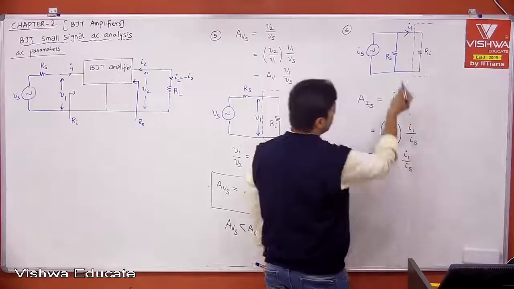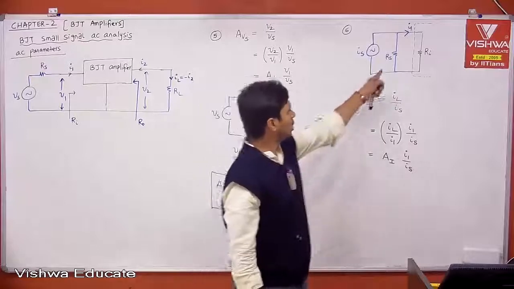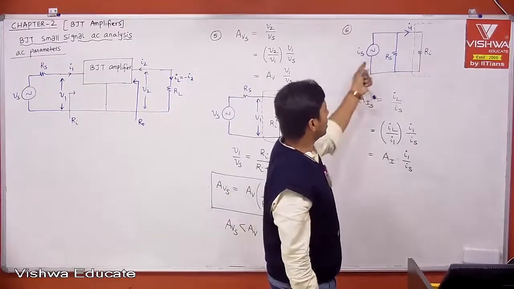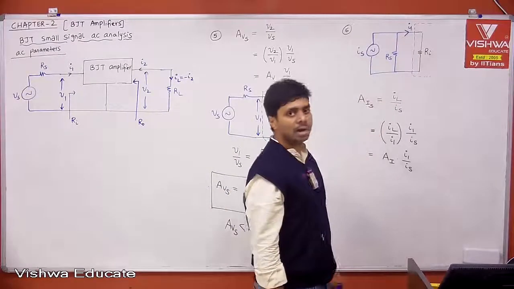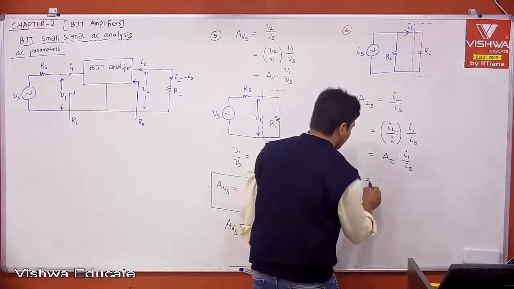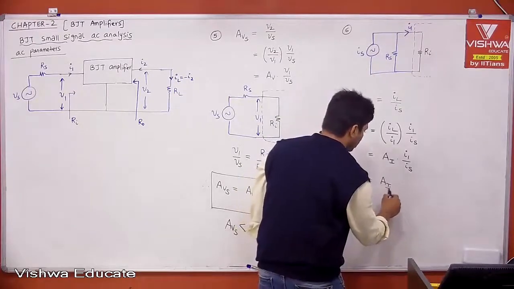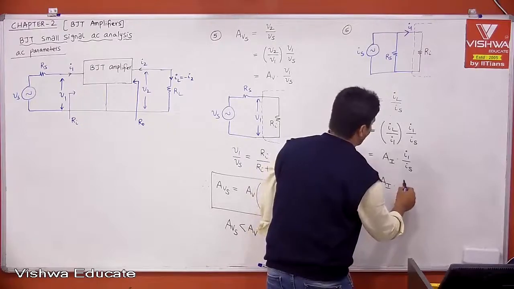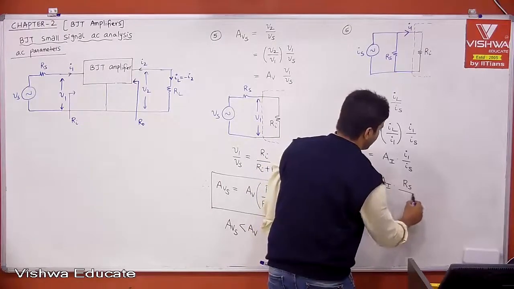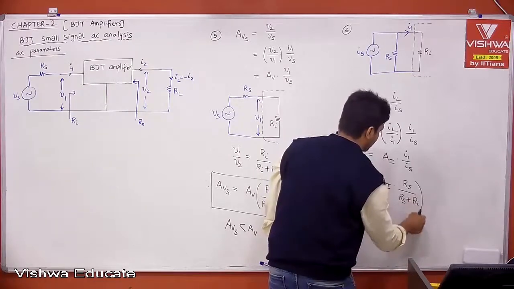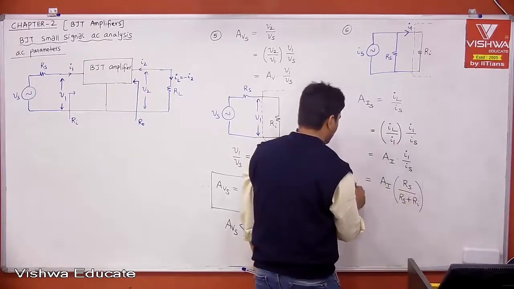It is nothing but a current division network. These two are in parallel and excited with a current source, then we can get the current flowing through Ri using network analysis. Therefore, if you solve that, you will get AI into I1 by IS, which is nothing but Rs divided by Rs plus Ri. This is your AIS.